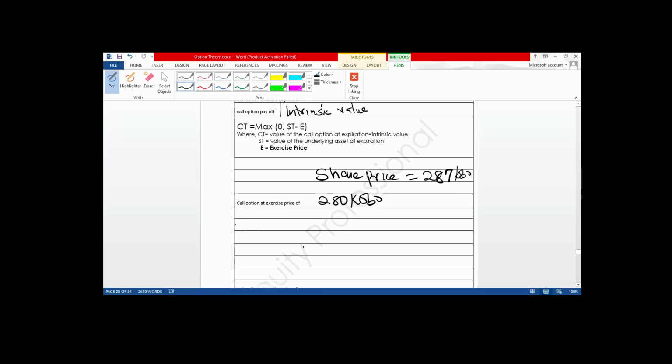Calculate. Call at 280 is equal to maximum of 0 or ST, the share price. You have a choice between accepting 0 or 7 kobo. Which one are you going to pick? 7 is better.